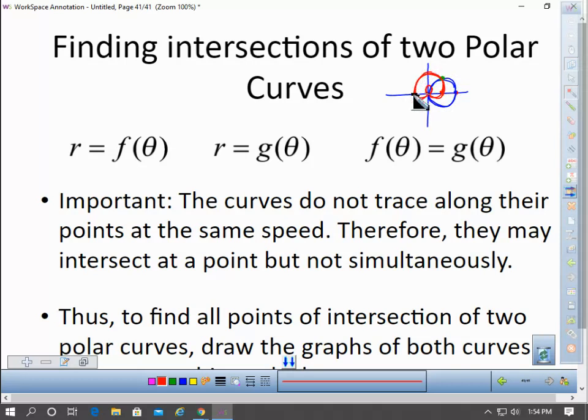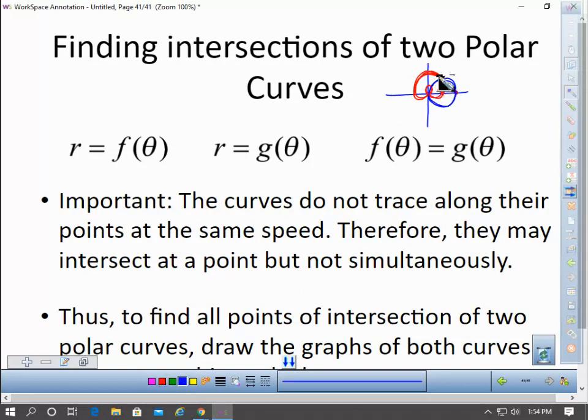So that would be pi, and then pi all the way around. Going from 0 to pi over 2, the limacon is up here, but the circle from 0 to pi over 2 gets back to the origin that fast. So I doubt they would be at the same place.